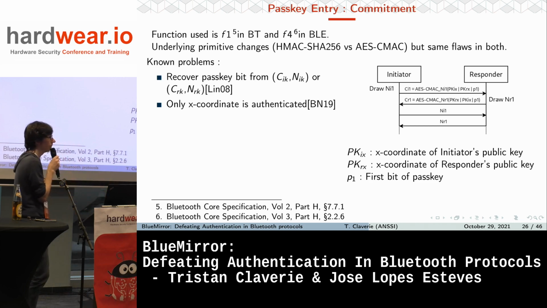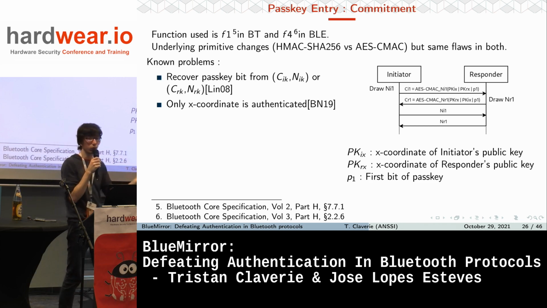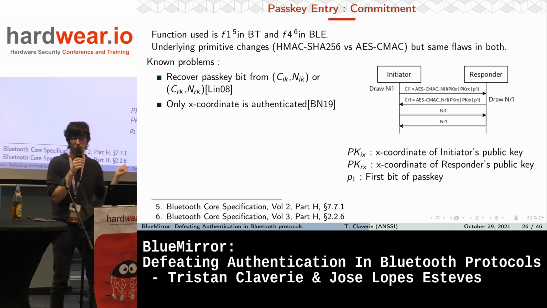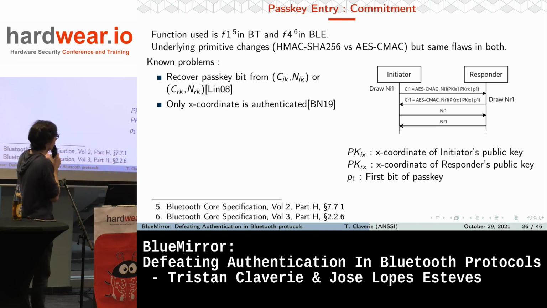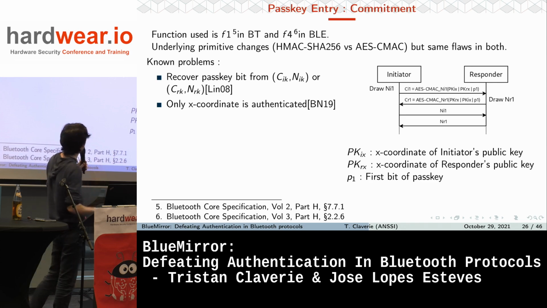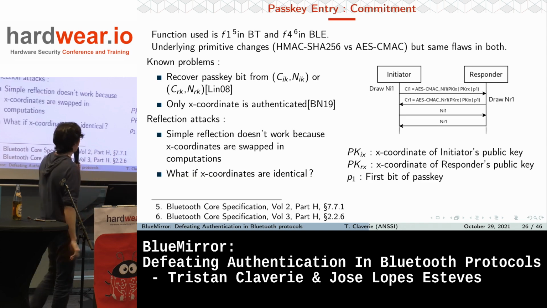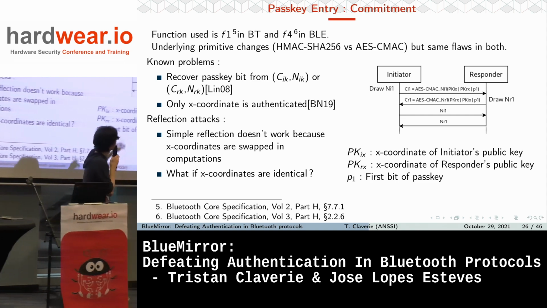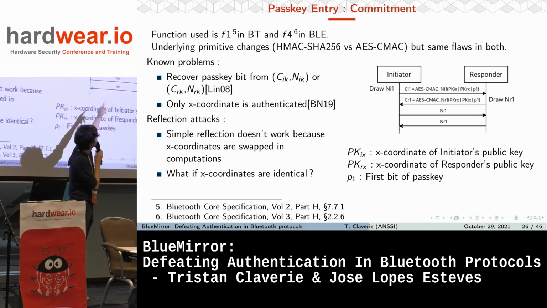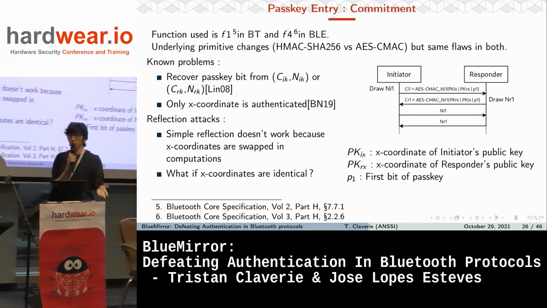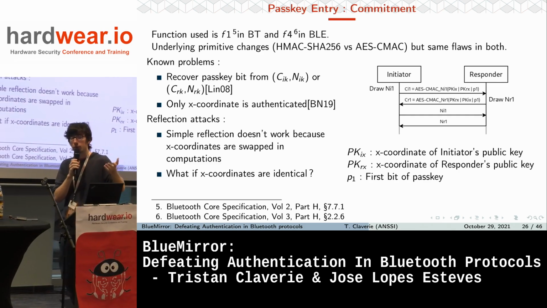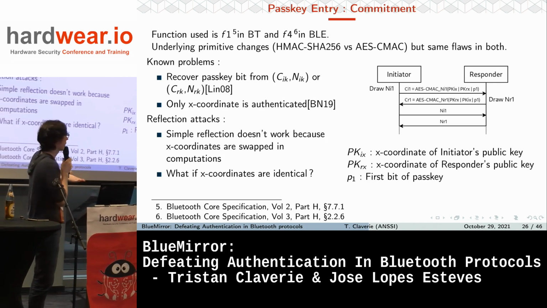And the second problem is that only the X coordinate of the public key is used. So only the X coordinate of the public key is authenticated. Because the coordinates are swapped, so first initiator, responder, then responder, initiator, if you don't know the passkey, you can't actually do a simple reflection attack.